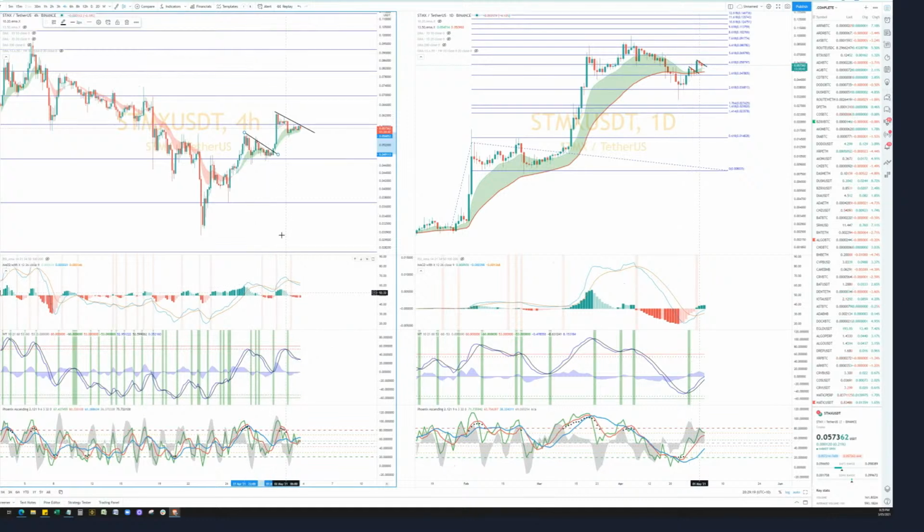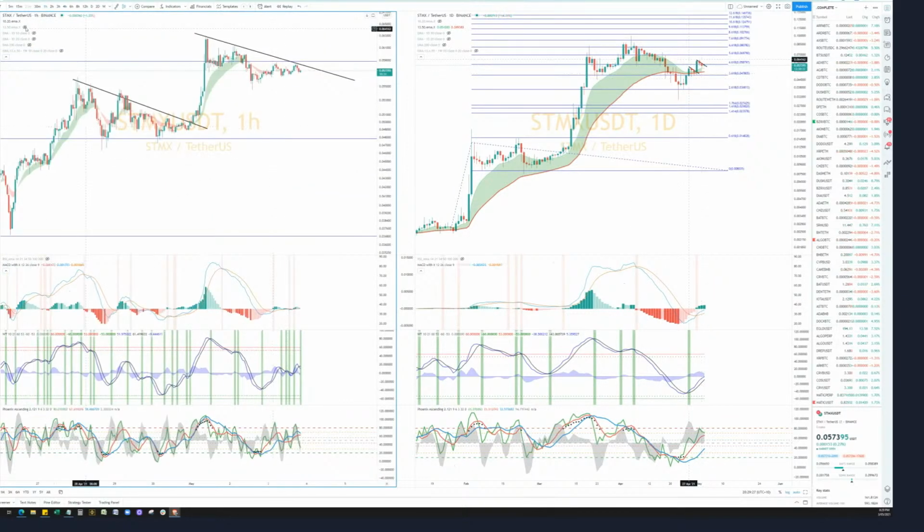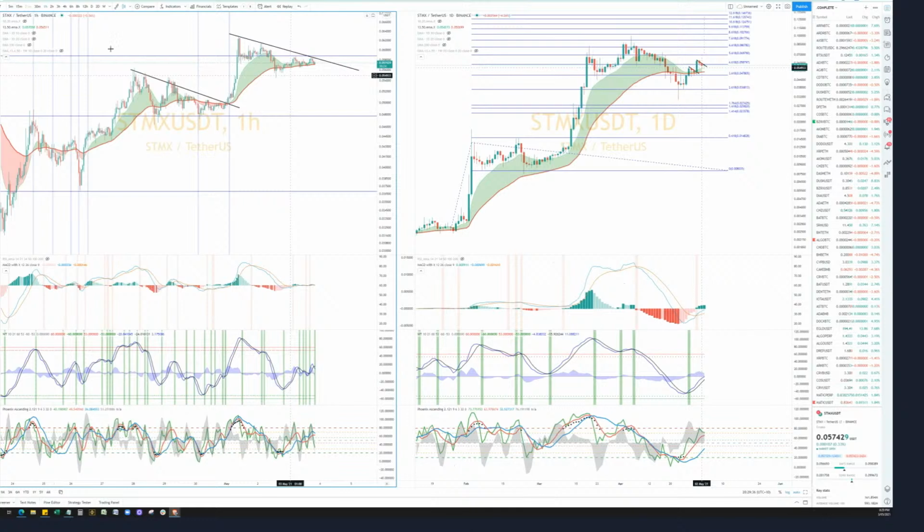MACD, yep, bearish divergence just playing out. I would look for on the 1 hour on this one, for my 13th crossover, so that's crossed over. It's difficult.